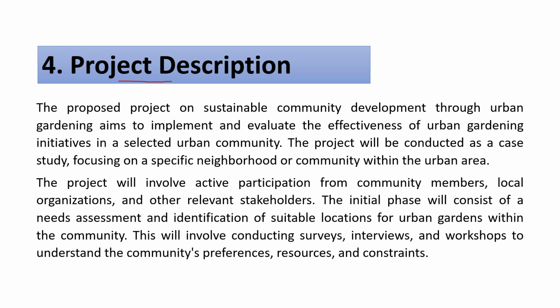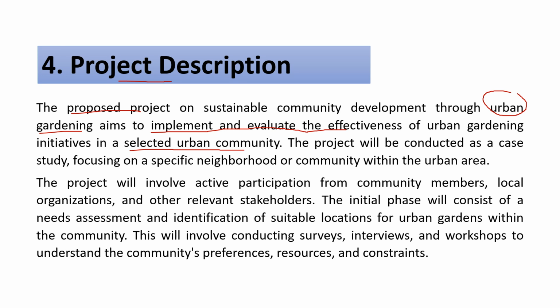This is an example of a project description. As you can see, it says the proposed project on sustainable community development through urban gardening. You see it's very short. It aims to implement and evaluate the effectiveness of urban gardening initiatives in a selected urban community. So that is your main goal. Then you can already mention some specific objectives.